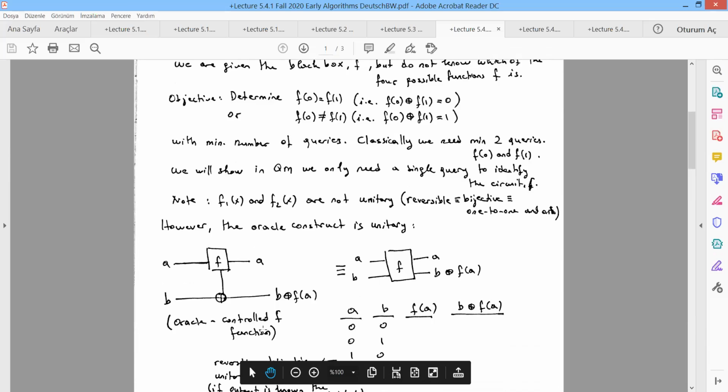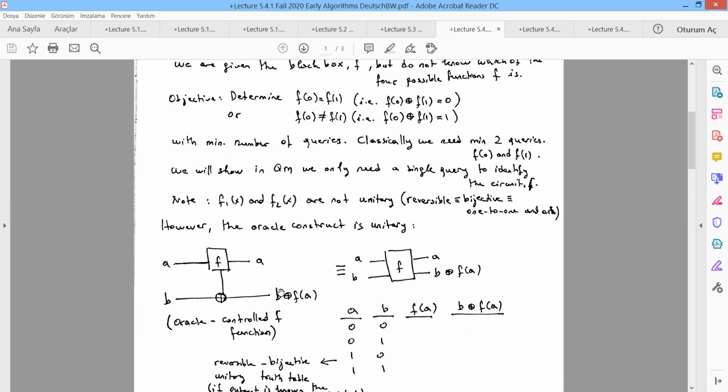However, the oracle construct that we use here is unitary. That was the whole idea, remember, of building a bit oracle: to convert a classical function f to a unitary operation. So the oracle, as we said, can be seen as a controlled f function. In the input, you have b as an ancilla bit, and a as your control bit.